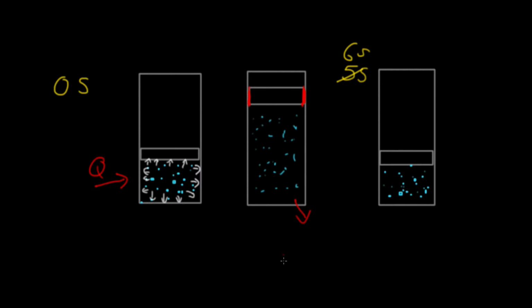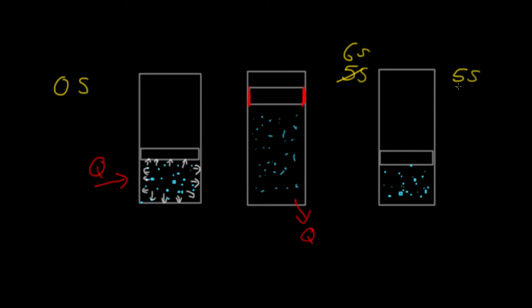And then we remove heat. Sorry, I forgot to put a Q here. We remove heat. And now the same thing happens. We remove heat, we remove energy from the system, we remove the range of motion of the molecules, we remove microstates, entropy goes down. So let's say it goes down by 5 entropy.